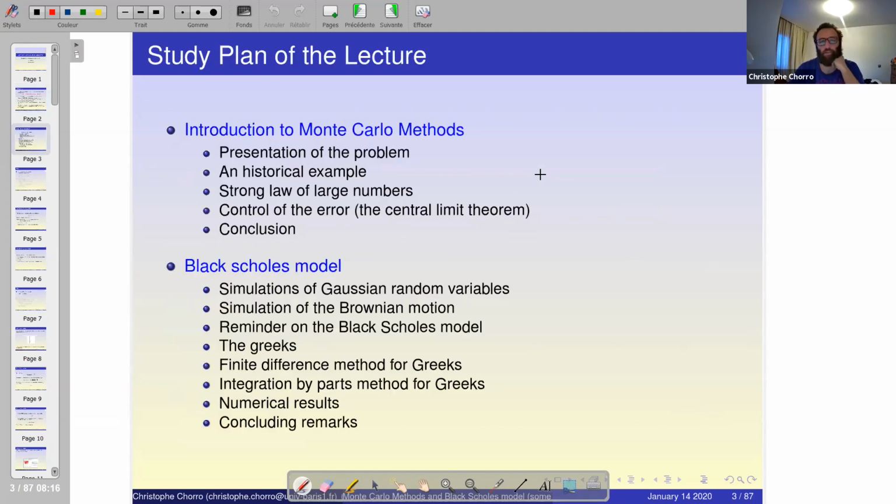Today, mainly I will present a little introduction concerning Monte Carlo methods. I won't spend too much time on this topic because it could be a course apart, but I just want to remind you the basics of this approach in order to approximate expectations.